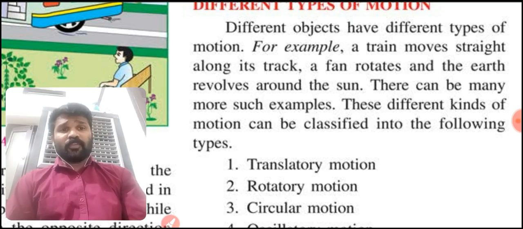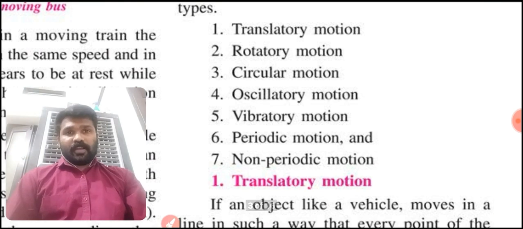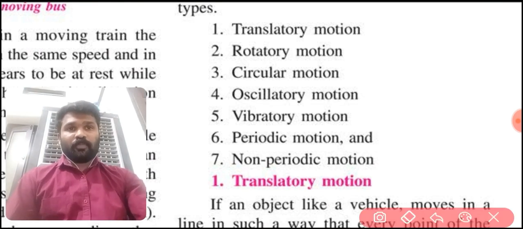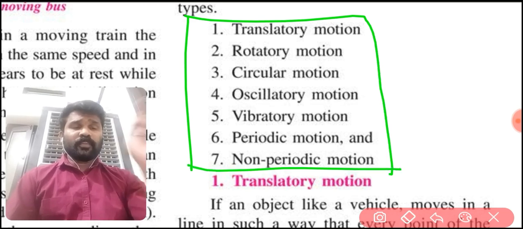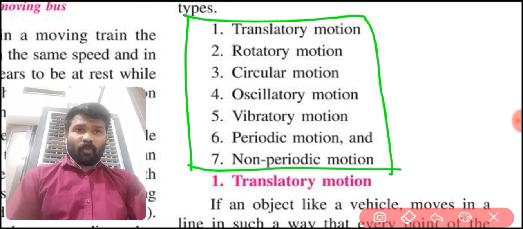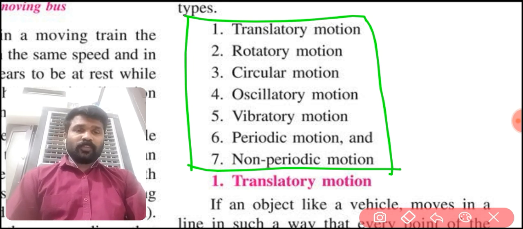These different kinds of motion can be classified into the following types. All types of motion are not of the same type. There are 7 different types of motion: translatory motion, rotatory motion, circular motion, oscillatory motion, vibratory motion, periodic motion and non-periodic motion.